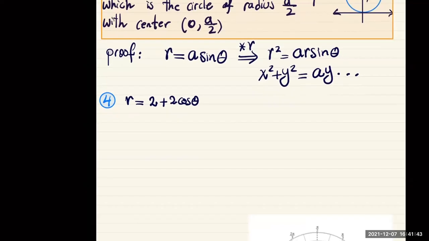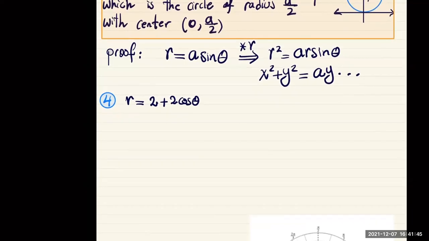You can, if you want, multiply everything by r. You get r squared equal to 2r plus 2r cosine theta. R squared is x squared plus y squared. Okay, that's good.